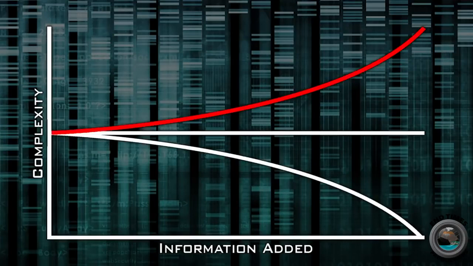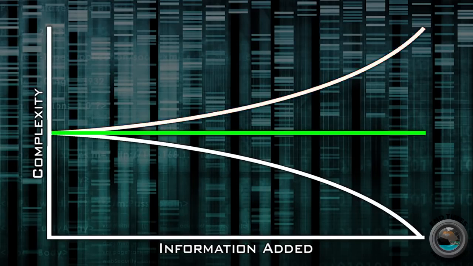Now, when we look at these graphs, we know that the creation of new information has never once been observed, tested, or proven even possible. The horizontal line accurately depicts no information being added or lost, while still creating variations within the same kind of animal. Now, the downward slope, as I described, explains the loss of genetic information. The thing with this is, you can't continue losing genetic information and still see beneficial mutations.